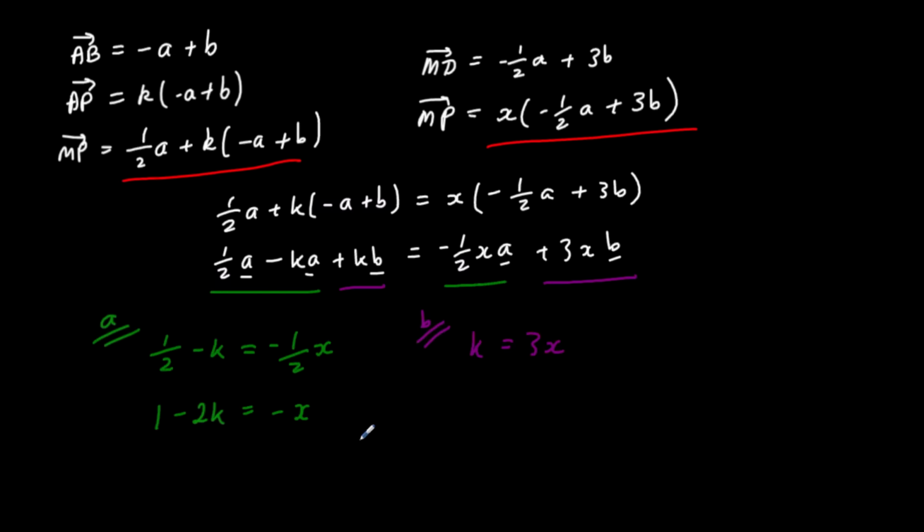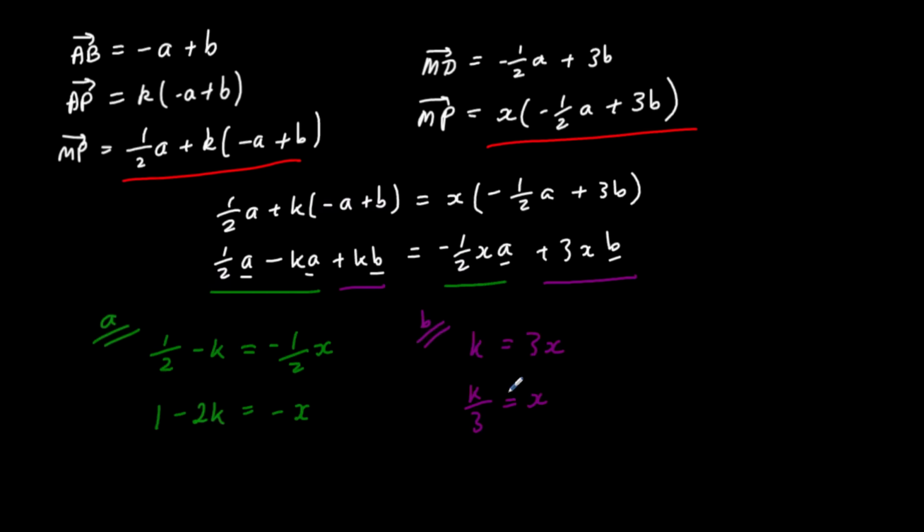I really want x to be positive. Actually, I'll leave that as it is, and I'll get x by itself on this one by dividing both sides by 3. So k over 3 equals x.